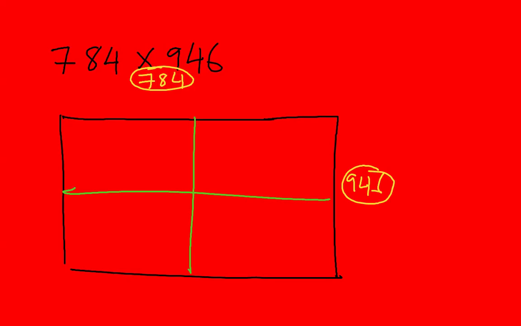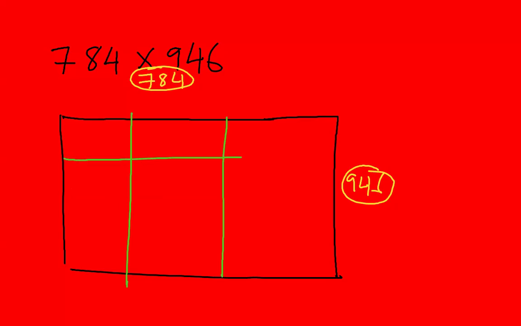Now, my 784 can be partitioned into 3 categories. So I'm just going to erase this. Let me partition it into 3. So then it will look like this. So I'll have 1, 2, and 3. Then I'll have 1, 2, and 3.